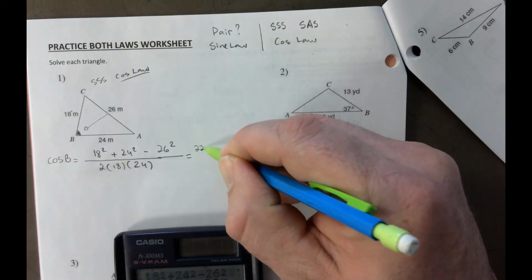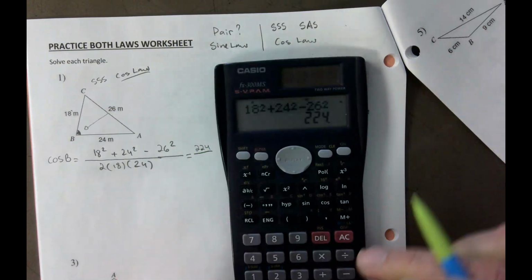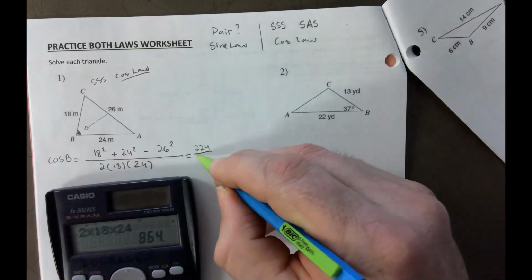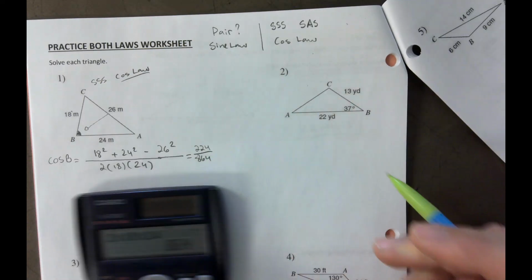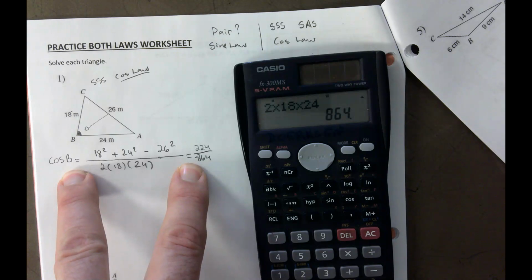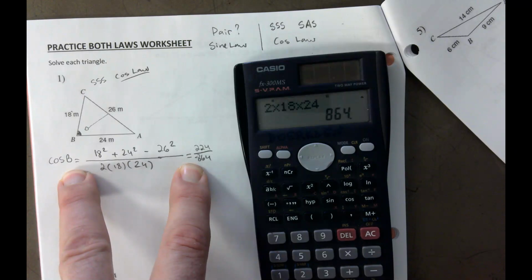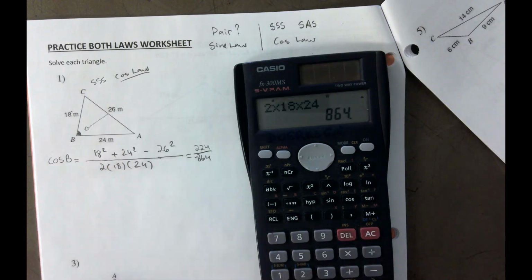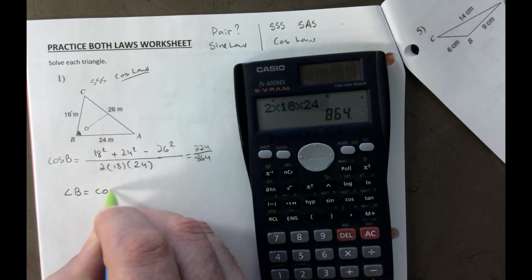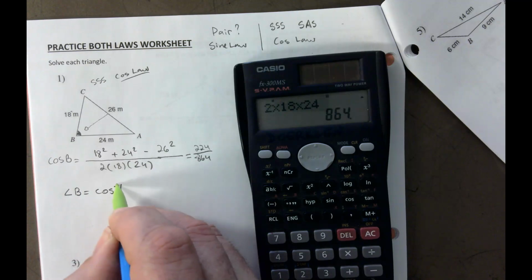I told you I wasn't going to do it, but here I am solving it, right? 2 times 18 times 24, 864. That's all good. The two equal signs are not an issue here. Okay. What's the next step? Angle B is cosine inverse of this, right?